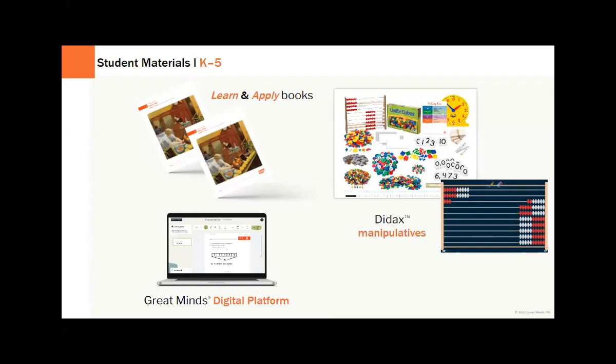We also have this wonderful digital platform, which our teachers have received some training and will continue to support them with additional training on the resources that they have available. And there's also a great family component for you to continue having the support and support their mathematical thinking at home.